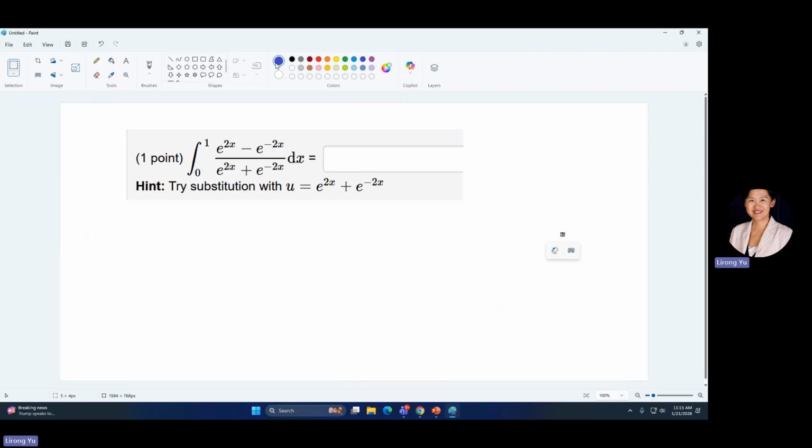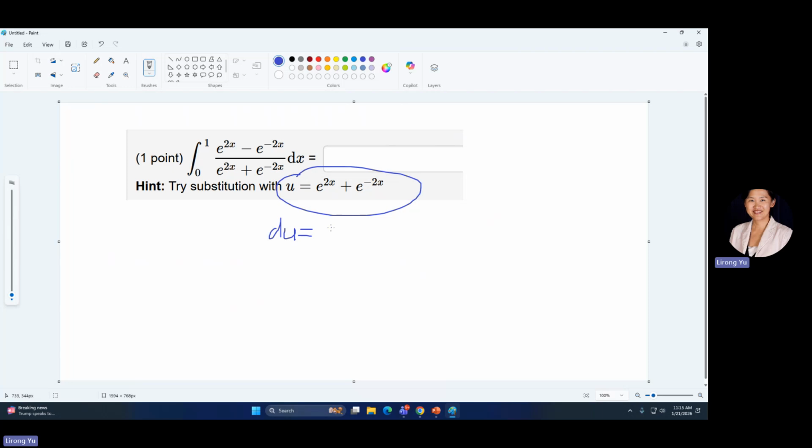Right, following that suggestion, we say let's make u equal to this. If we do that, then du would equal to... du is a differential, which means we have to find the derivative. The derivative of an exponential function is the same function, but you have to multiply.